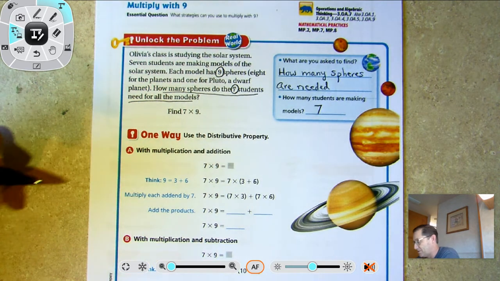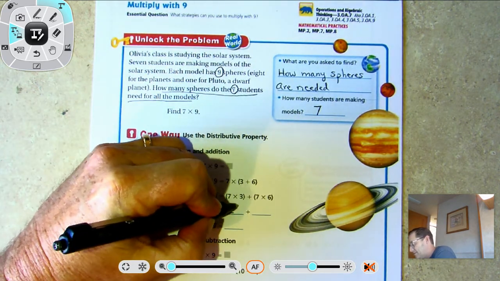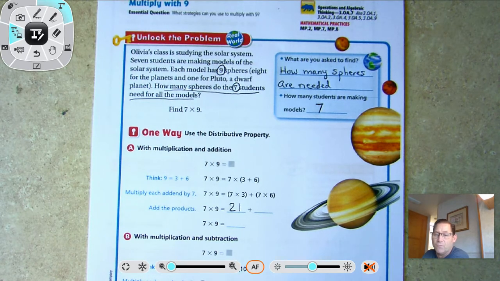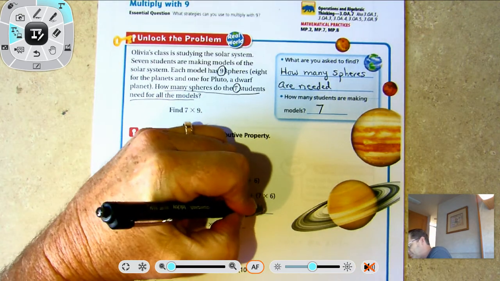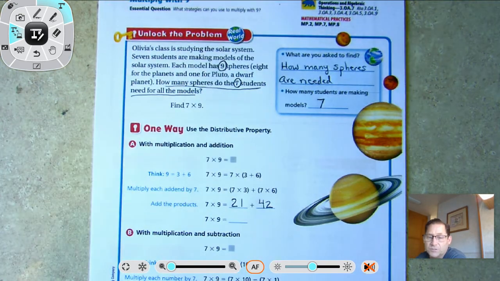We've done 7 times 3. We know 7 times 3 is 21. 7 times 6 is 7 more than 7 times 5. 7 times 5 is 35. Plus 7 more is 42. We could also do, if you remember, 7 times 6 is twice 7 times 3.